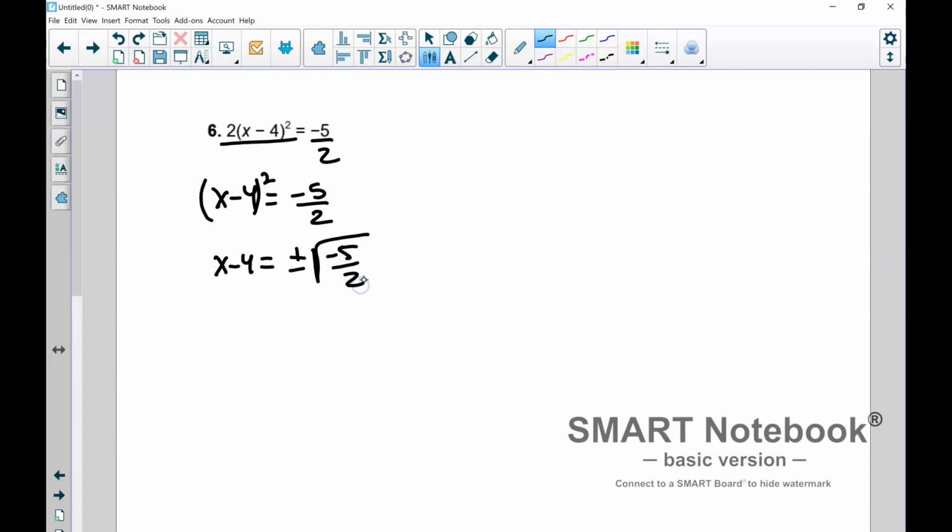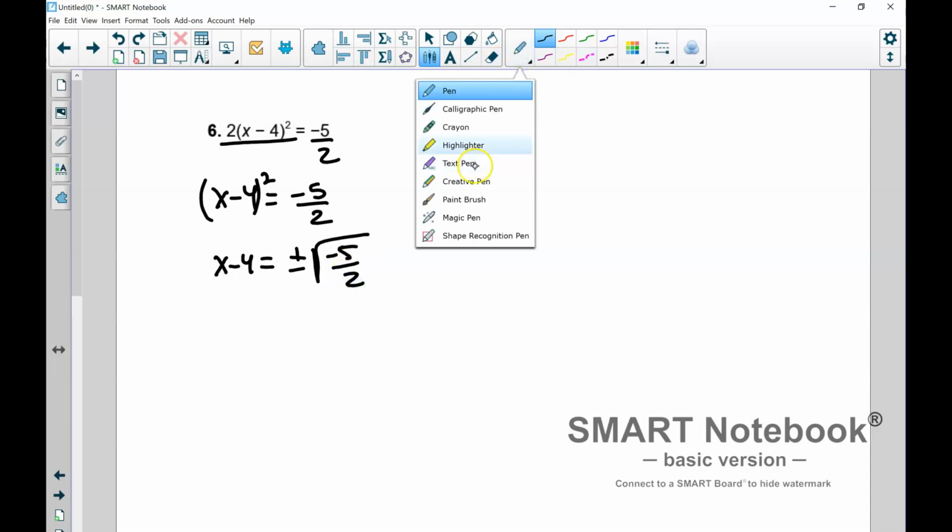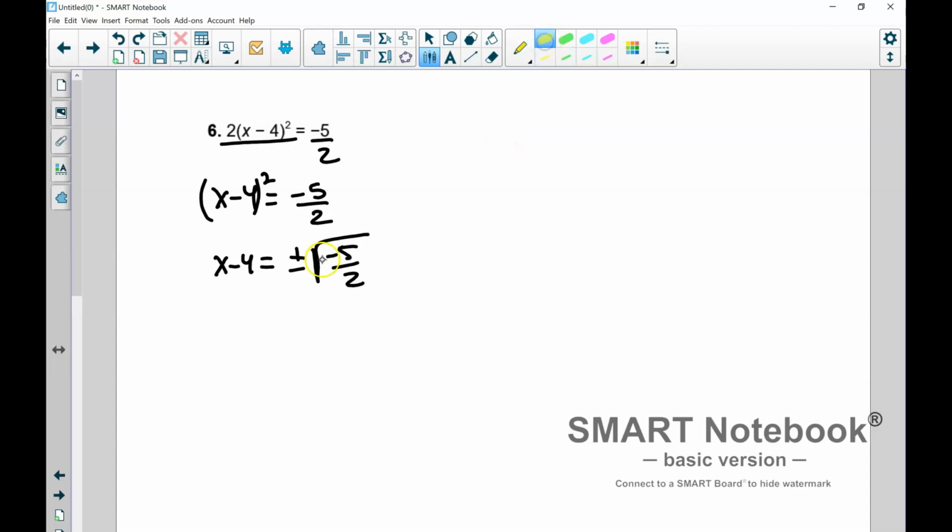Now, I don't have to do anything else with this one. I don't have to rationalize it because of this negative on the inside. For today, for now, this has no real solution. There is an imaginary one where we're going to take it and pull the imaginary number out of it. We'll get there. We're not there yet.